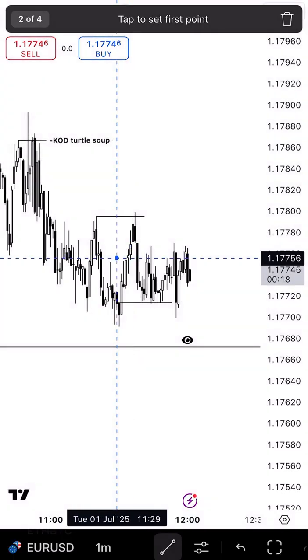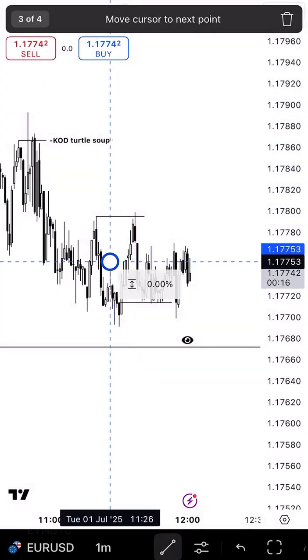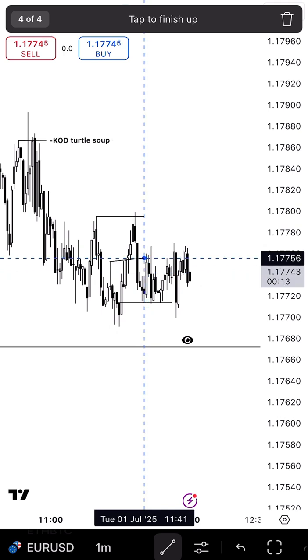And these poor market structure traders are just getting obliterated.